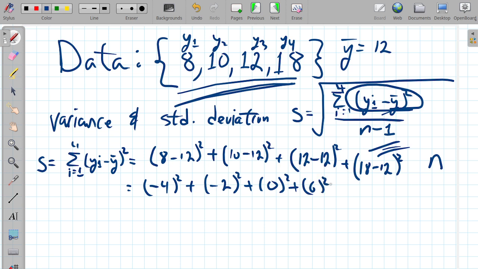All right. If we didn't square this, each of these quantities, the deviations, would sum to 0. You know, this is negative 4. Here's negative 2. That's negative 6. Here's positive 6. At this point, if there was no squaring, these would sum to 0.